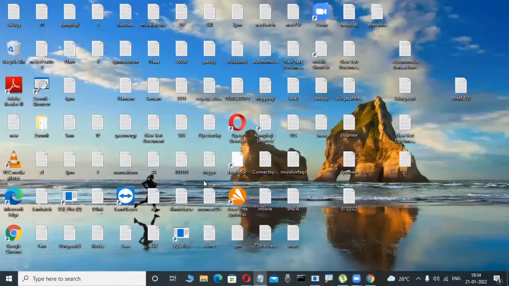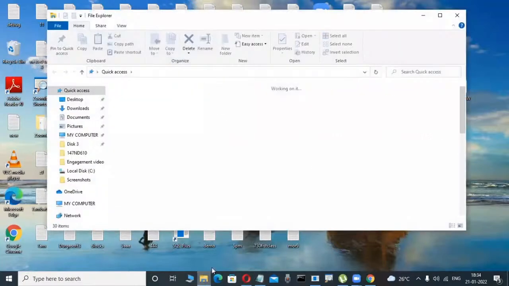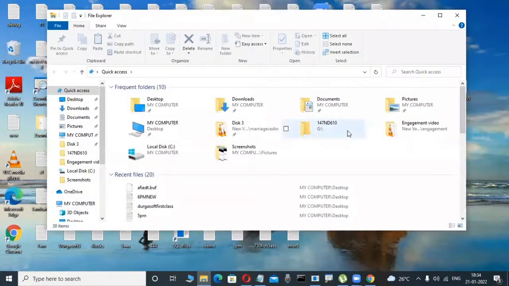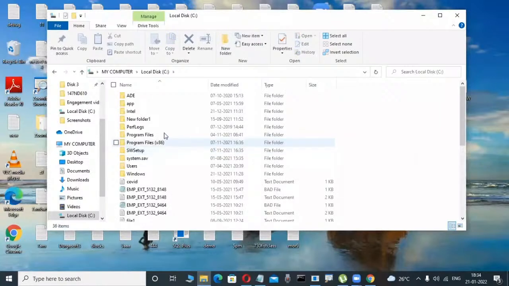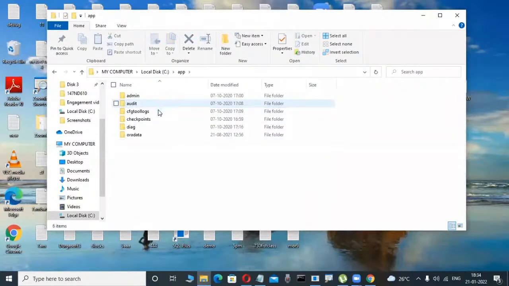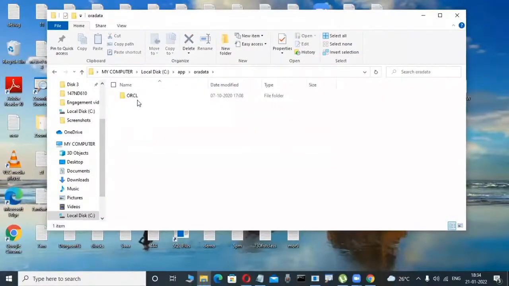Now I'm interested to view whether this table is created or not in my operating system. Suppose a Windows operating system is there, where Oracle is installed. In that location I try to view, for example, in C colon, where Oracle is there. Those are all directories, don't worry, these are folders: Oracle, Oradata, ORCL.